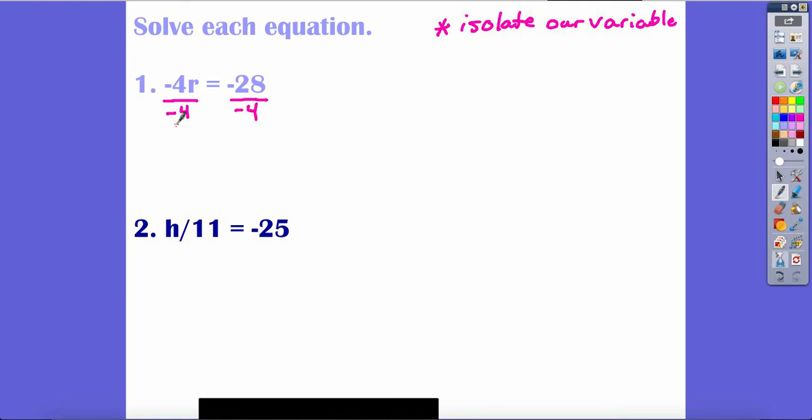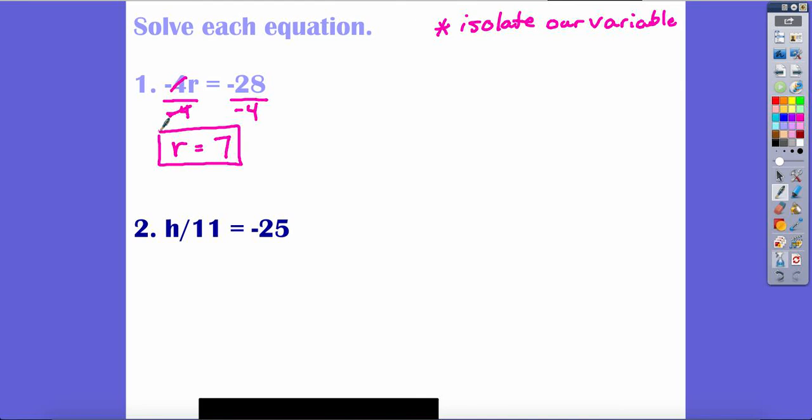I'm going to divide so that I can undo that multiplication and get R by itself. So -4 divided by -4 cancel because they become 1, and 1 times anything is not there. I don't need it. Over here, -28 divided by -4 is +7, because a negative divided by a negative is positive.